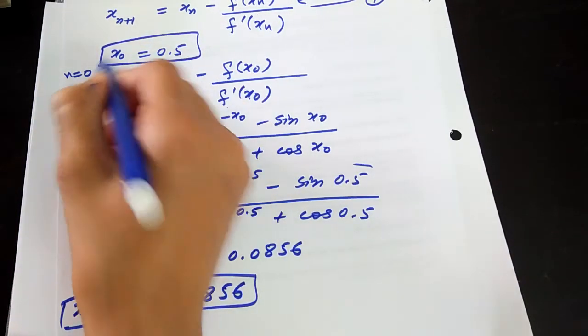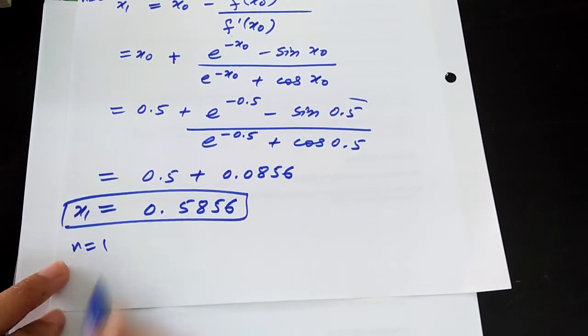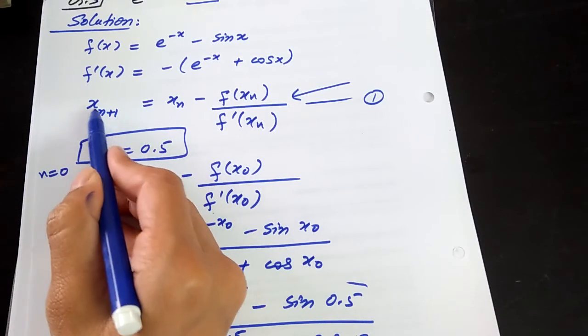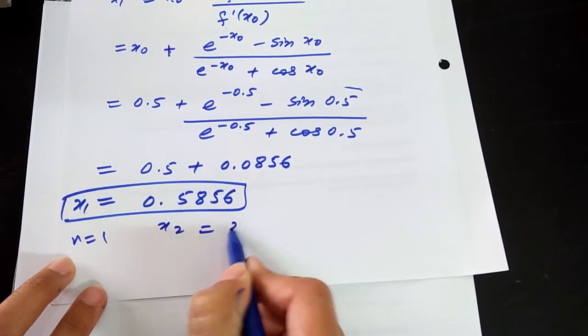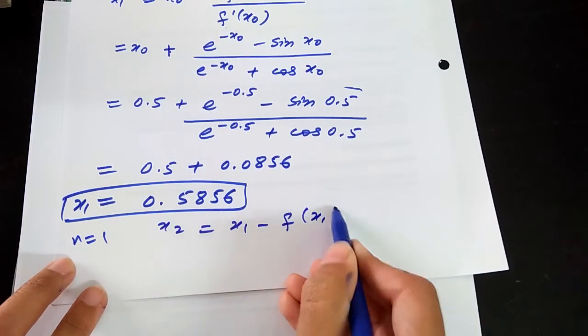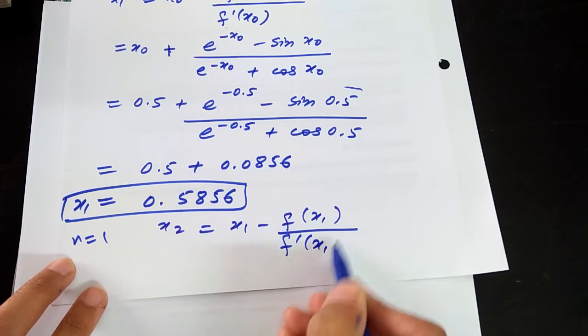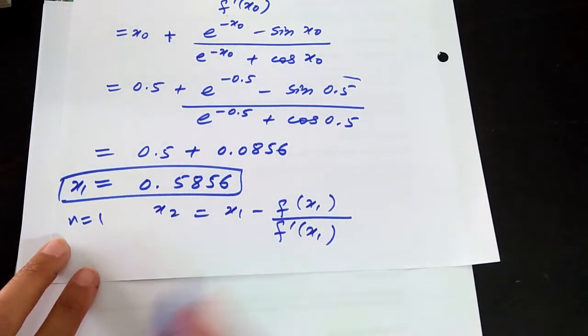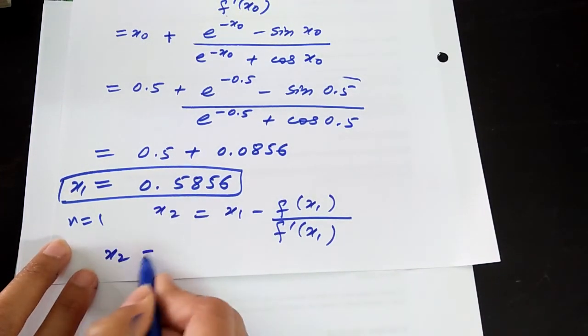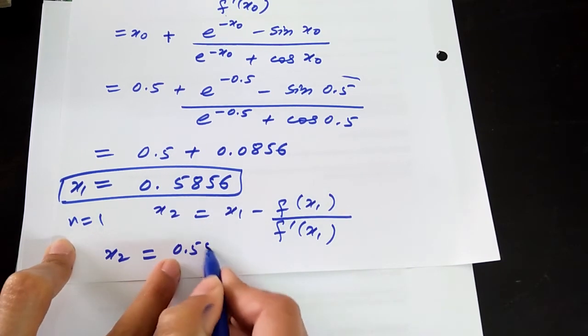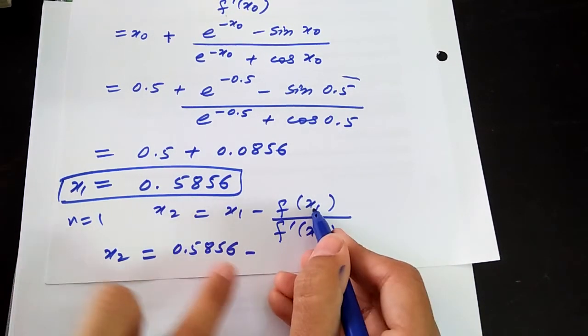X naught was 0.5. Now for n equals 1, in this equation you will have x2 equals x1 minus f of x1 divided by f dash of x1 here. So x2 equals x1 is 0.5856 minus f of x1.